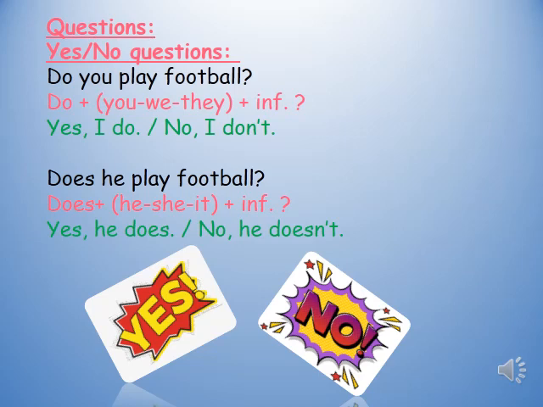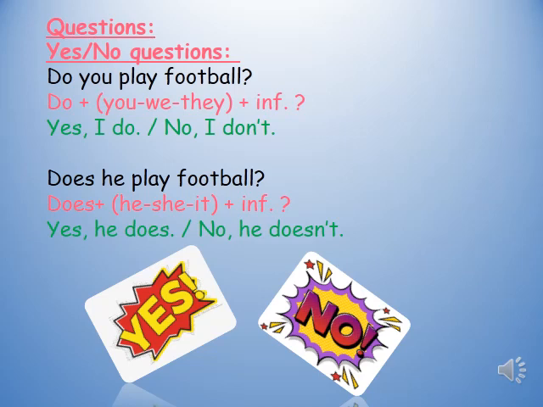With the pronouns you, we, they, I'll ask with do. So it will be a question like this. Do plus you or we or they plus infinitive. Like what I said, do you play football? And of course, don't forget the question mark.